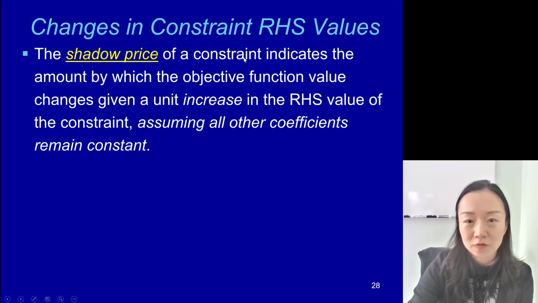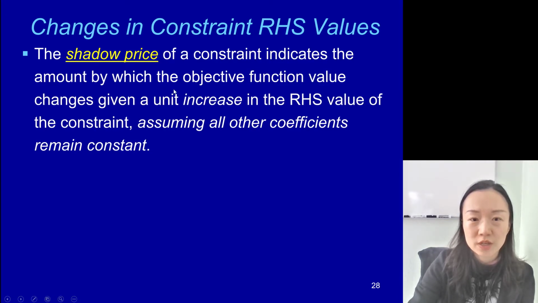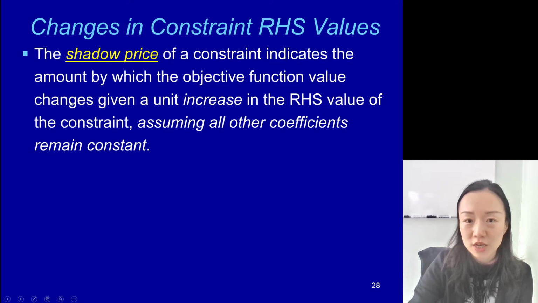The shadow price of a constraint indicates the amount by which the objective function value changes given a unit increase in the right-hand side value of the constraint, assuming all other coefficients remain constant. So the shadow price tells you how much your objective function value will change if you change the right-hand side of a constraint.